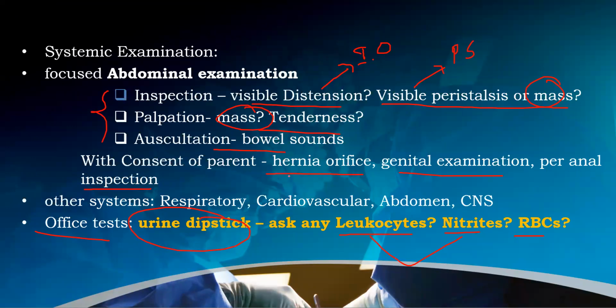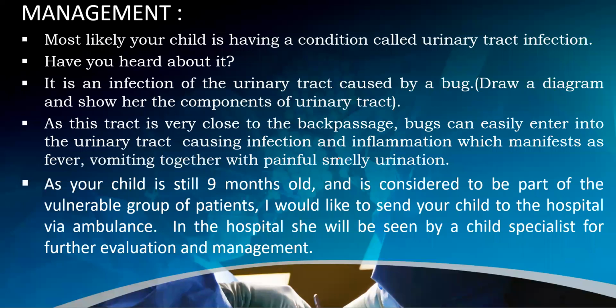Do not forget to check the hernial orifice and genitalia, and lastly, other systemic examination and office test. Ketone is not very important in here, but if you ask for it, that is fine, because ketone can give you some idea about dehydration, and also if it is a DKA baby, that can also help you. So you can ask for it, not a problem.